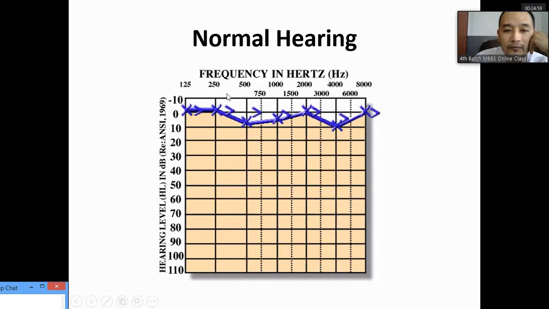At 250 and 500 hertz, the faintest sound he can hear is around 10 decibel. But everything is above this 25 decibel line, so hearing is normal. The air conduction denoted by this cross is normal. The bone conduction of the left ear denoted by this greater than sign is also above the normal hearing threshold. So this is normal hearing, bone conduction and air conduction.